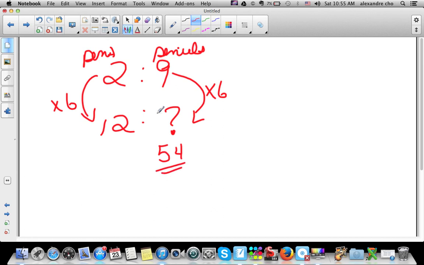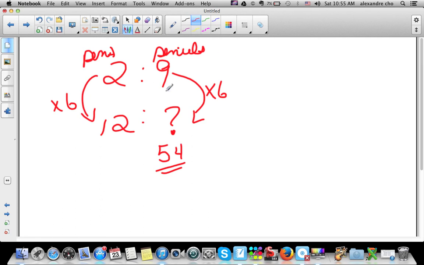Okay, so if you have 12 pens, there are 54 pencils, but that does not answer the question. How many more pencils are there?